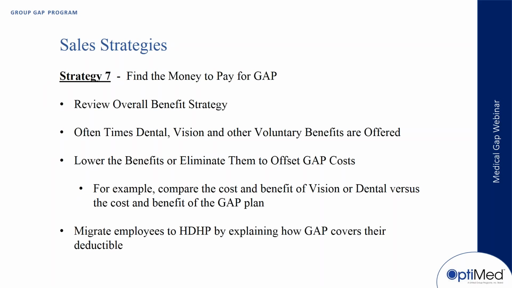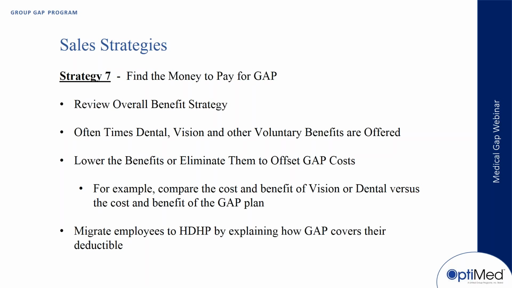Number 7 is really finding the money to pay for the GAP program. And what you really want to do is take a look at the overall benefit strategy. A lot of times there'll be dental, vision, these voluntary benefits that an employer is contributing to, that GAP would be way more beneficial to that employee than basically a dental and vision plan, especially vision, where they might be able to just go get an eye exam and pay for it out of pocket.